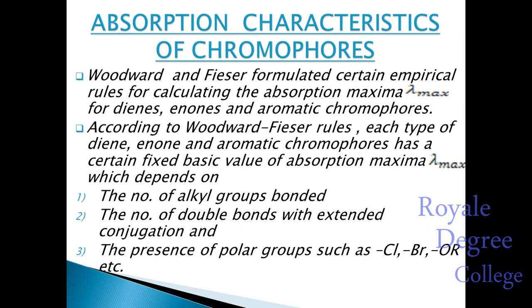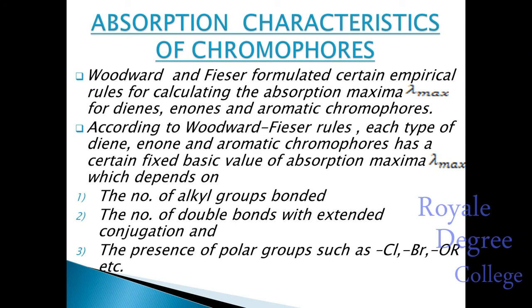Now we'll talk about absorption characteristics of chromophores. Woodward and Fieser formulated certain empirical rules for calculating the absorption maxima, that is lambda max, for dienes, enones, and aromatic chromophores.